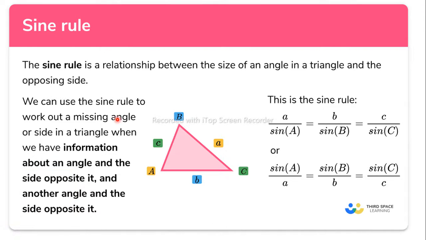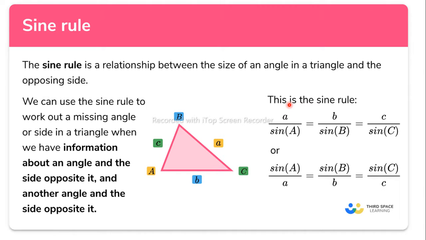The sine rule says that if we label this side capital A, then the opposite side is going to be small a. If we label this top one capital B, the corresponding side will be small b. And if we label this capital C, the corresponding side should be small c.